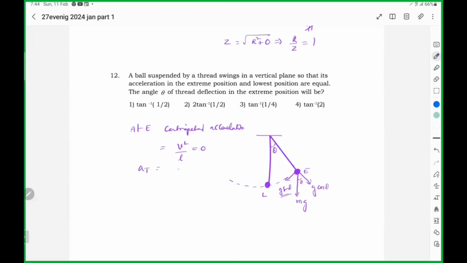Tangential acceleration is g sin theta. So the net acceleration at E is, why is it 0? At the extreme point, velocity is 0. So at L, what is the acceleration?